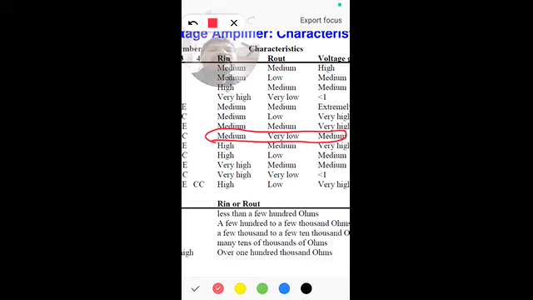In the second and third stages there is no voltage amplification because CC is used. So for CE, CC and CC, these are RI, R out, and voltage gain AV.